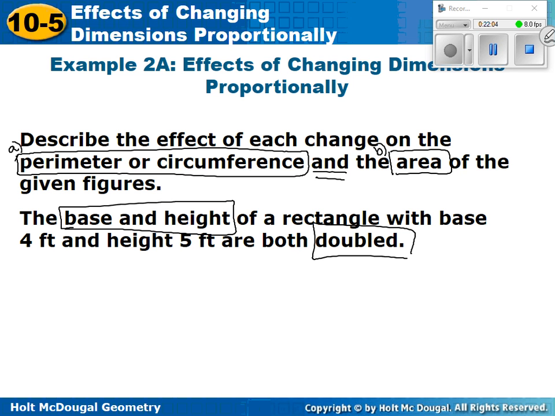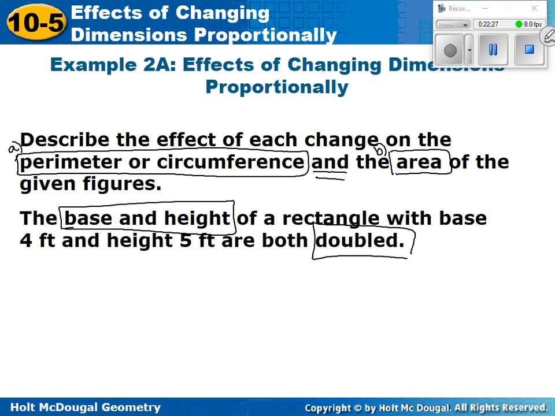What's 2 times 2b? 4b. And what's 2 times 2h? 4h. Now compare this original perimeter formula to this new perimeter formula. What are we doing to the perimeter formula to get 4b plus 4h? Multiplying it by 2. Does everybody see that?